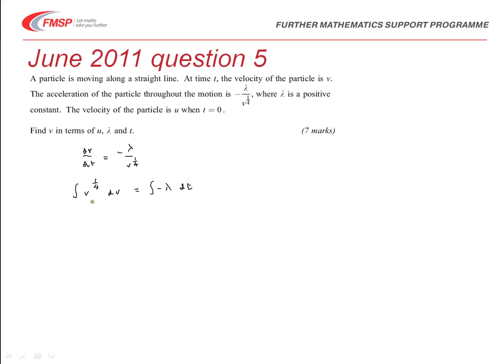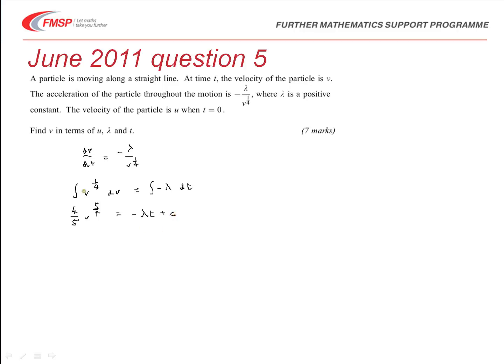And so now if we integrate both sides, increase the power by 1, that becomes 5 over 4, and divide by the new power, so divided by 5 over 4 is the same as multiplying by 4/5, and then that will equal minus lambda t plus a constant of integration.